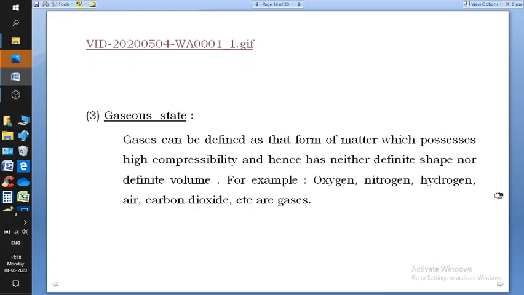For example, air. We can't see the shape of air, and we can't easily calculate the definite volume or the space that it occupies. For example, gases are oxygen, nitrogen, hydrogen, air, carbon dioxide, etc. All these are examples of gases.